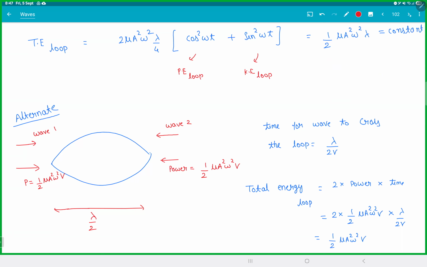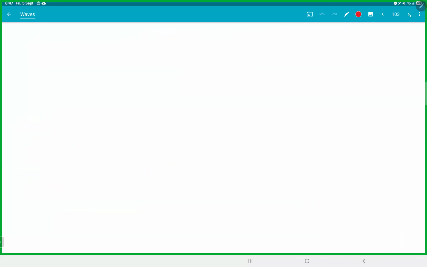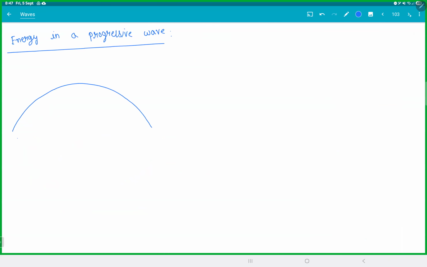Now, if you try to see this a little theoretically, you'll notice a lot of things. So when the loop is at the extreme position, look at the segmented antinode.